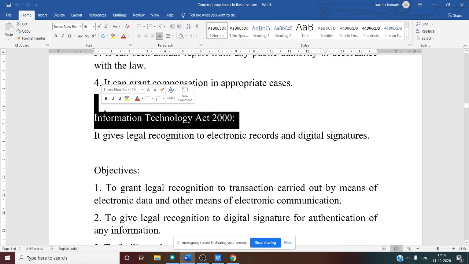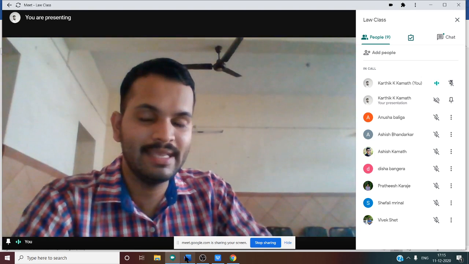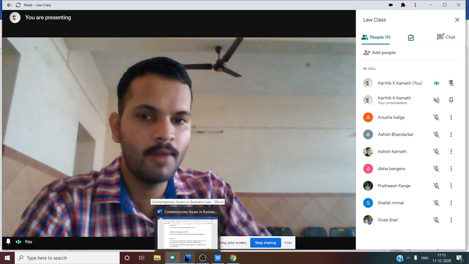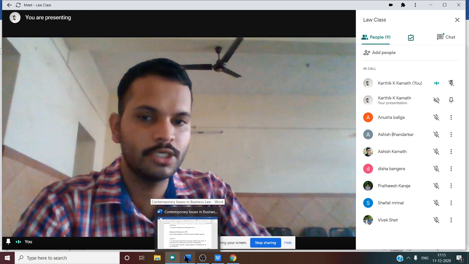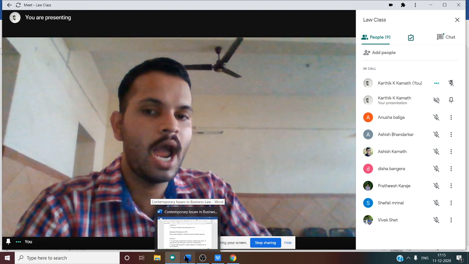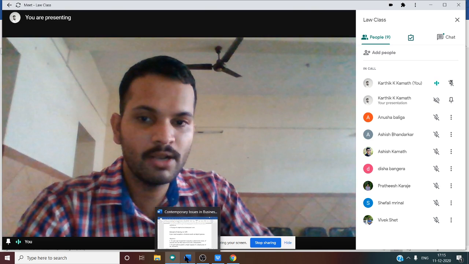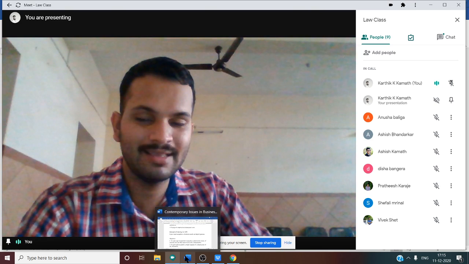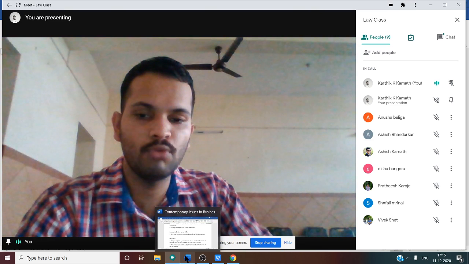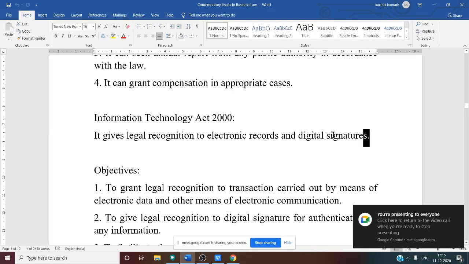Then we discussed the Information Technology Act 2000. Why was it formed? It was formed to give authentication to digital signatures, and it promotes keeping electronic records instead of manual records. So it promotes e-governance.